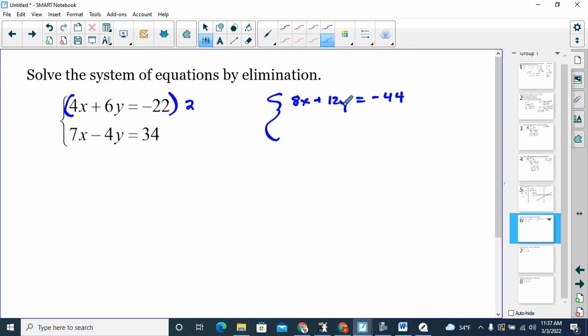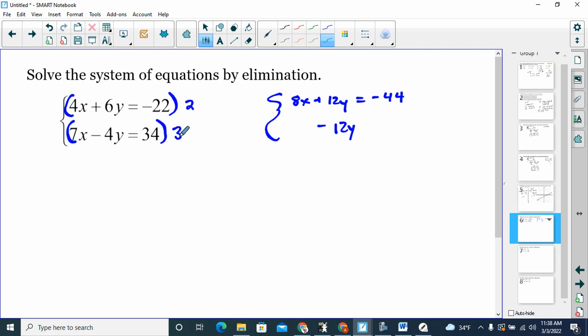If this top one is positive 12y, I want the bottom one to say minus 12y. So I'm looking at this term right here. Right now it's minus 4y. I need to multiply it by something so that this says minus 12y, so that these cancel out. Minus 4 needs to be multiplied times 3, and that's going to give me minus 12.